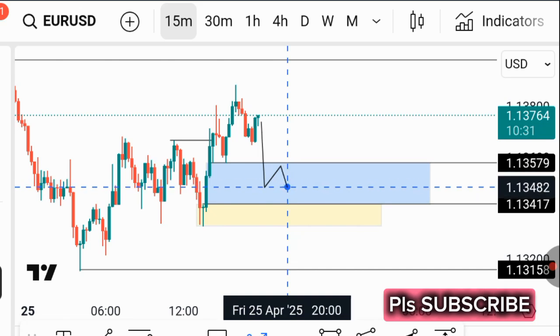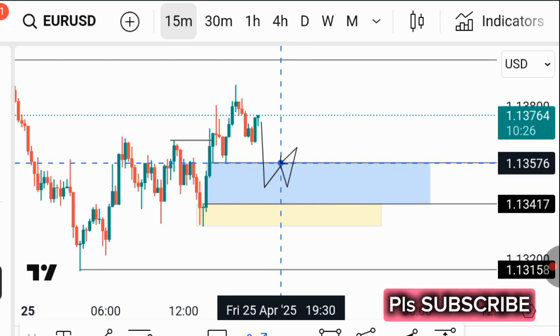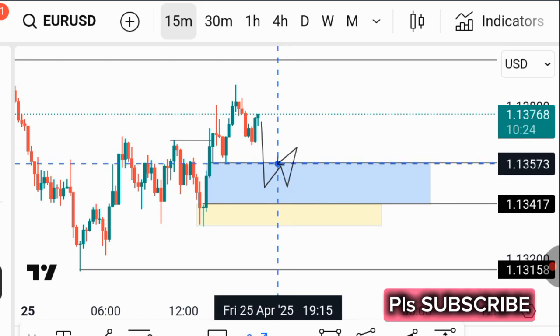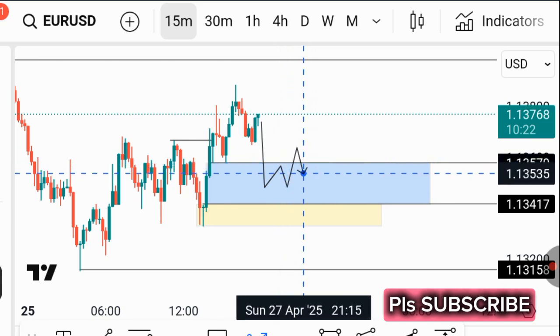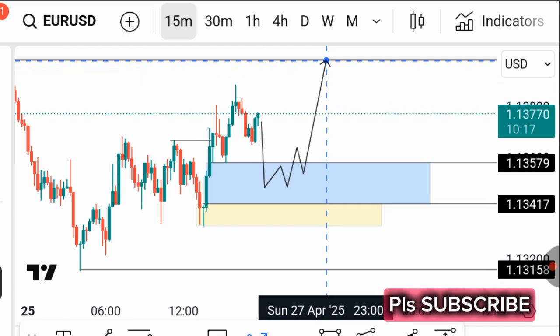So you're likely to experience something like this, a break of structure and then a retracement. Then you are hoping that it will be a continuation to the upside.